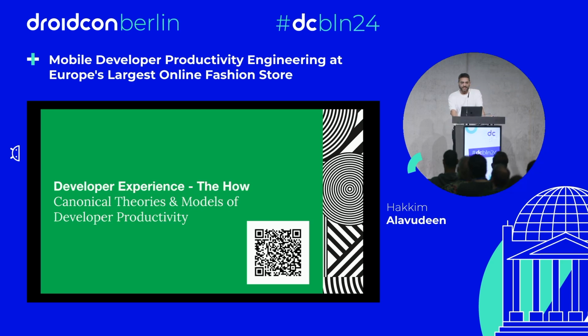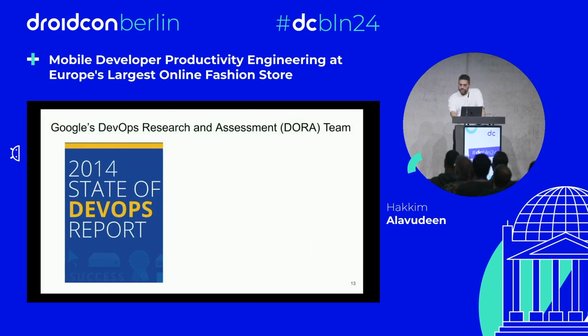Okay, so let's talk a bit about some of the models that theorize how to improve productivity. As early as 2013, Google's DevOps Research and Assessment team, or the DORA team, as many of you would know, have been running these large-scale developer surveys, and they've been producing the results of their analysis in annual reports since 2014.